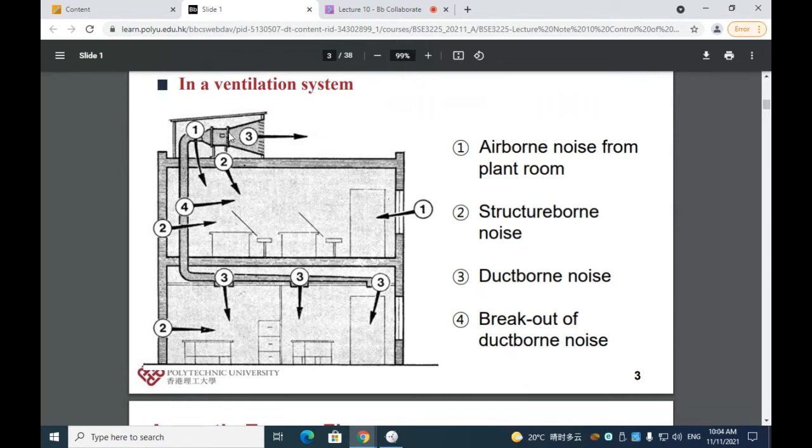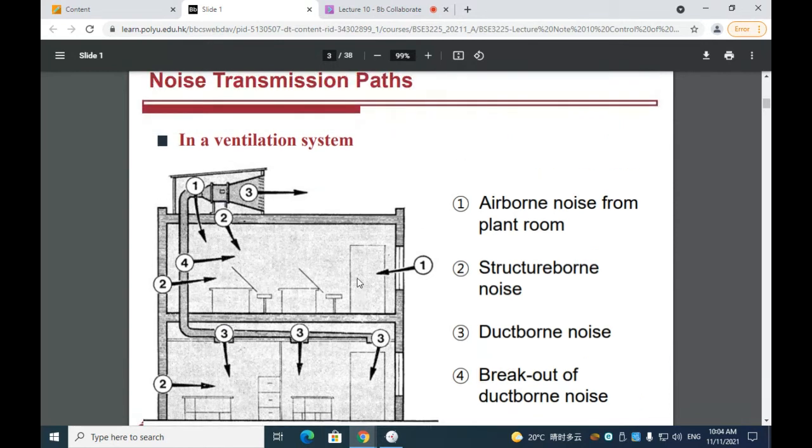Okay, so the third type is the duct-borne noise. The vibration will also be transmitted through the duct, as you can see here. So it can be transmitted through the duct, obviously, and to the terminals, as demonstrated here.